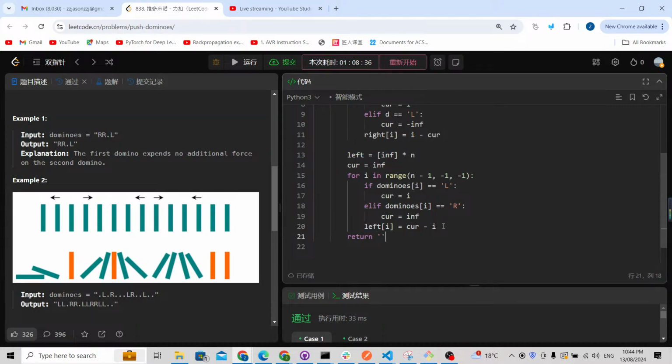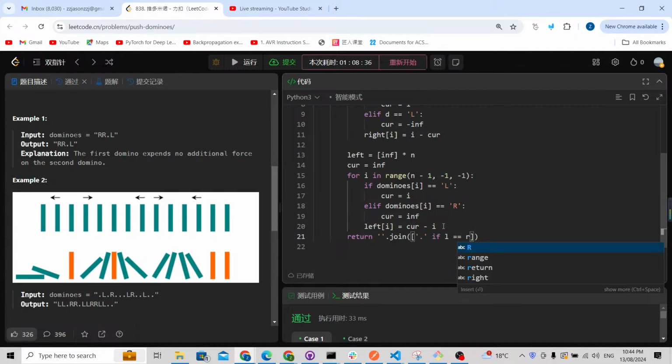So it's going to be an empty string, and we want to draw inside. It's going to be an array. If it is a dot, we want to check. So if it is a dot, if L equals to R, we're gonna set it as a dot.